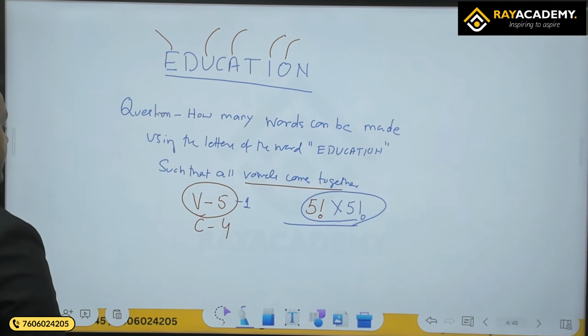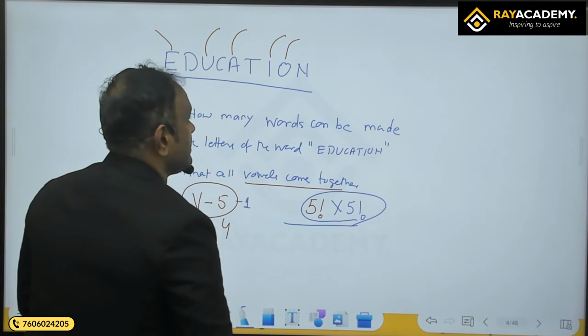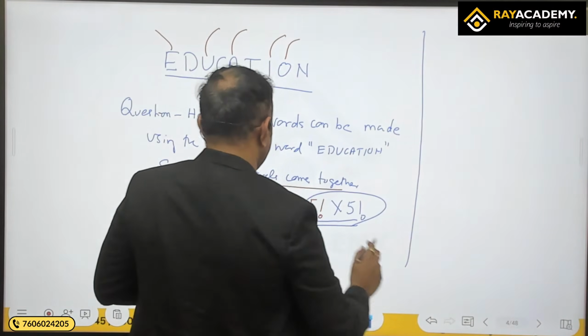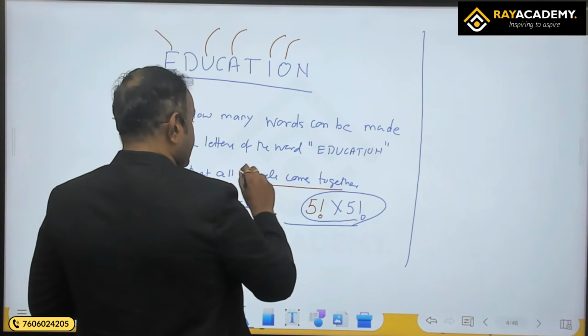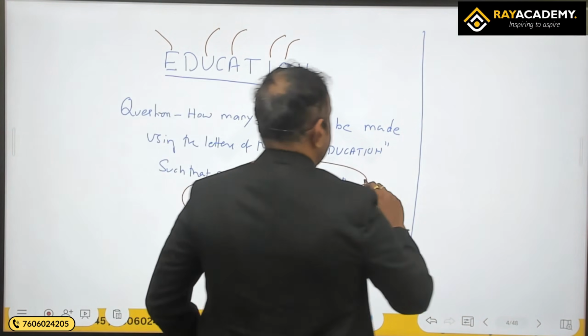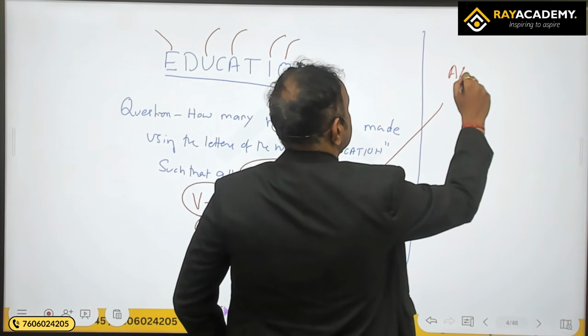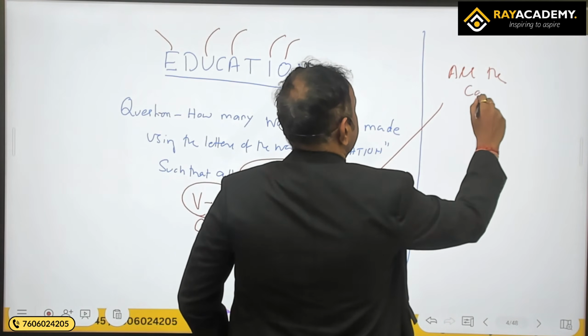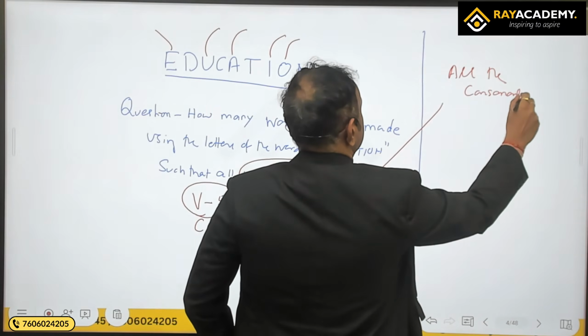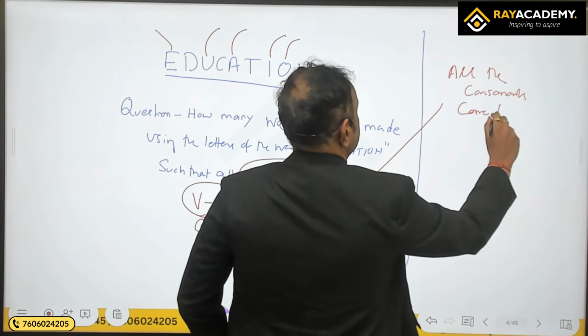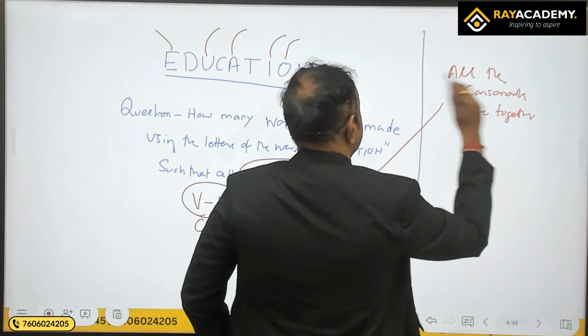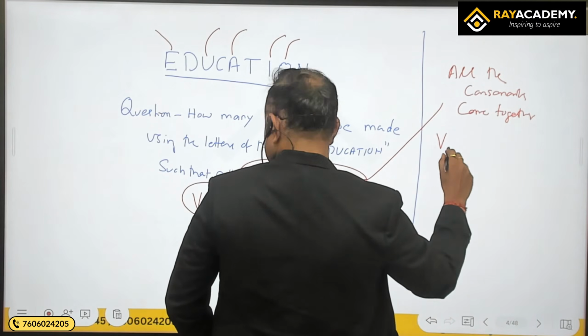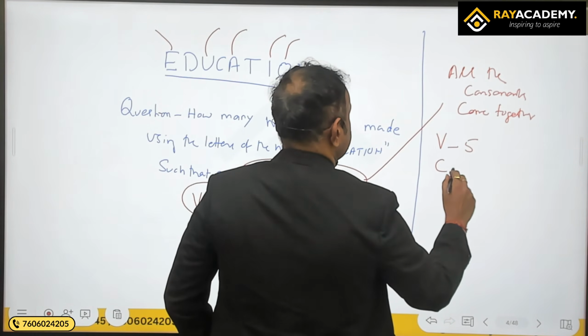Next, suppose in this question I change only this part. Here it is all the vowels come together. If I make it all the consonants come together, then what will the answer be? You know that there are 5 vowels and 4 consonants.